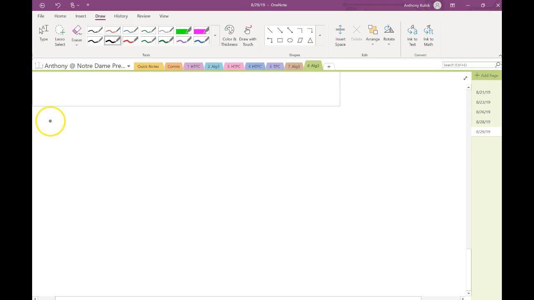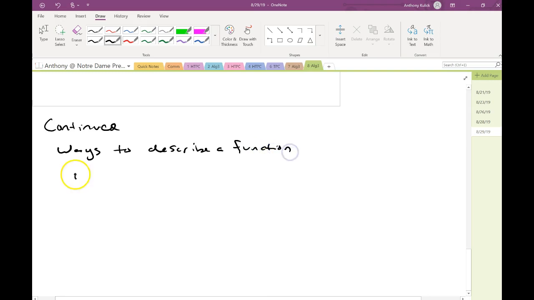What we had left off with was we've been talking about ways to describe a function. So we've talked so far about domain and range.